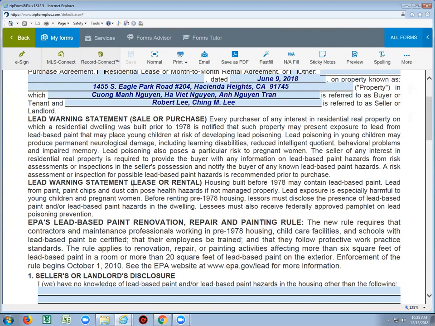But with this form, you signed it, so don't blame me. Otherwise, you can lease or buy a newer property if somebody has a concern, something built after 1978. But some of the cities just don't have it, unfortunately.